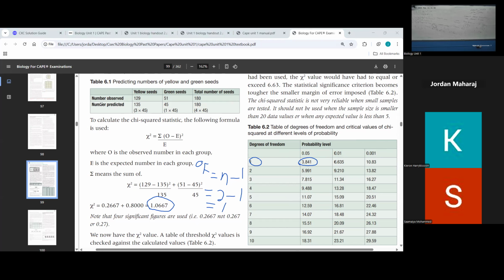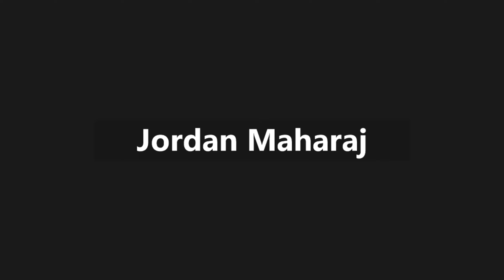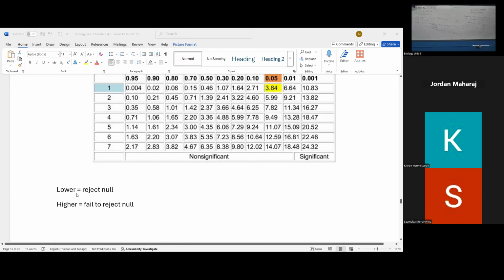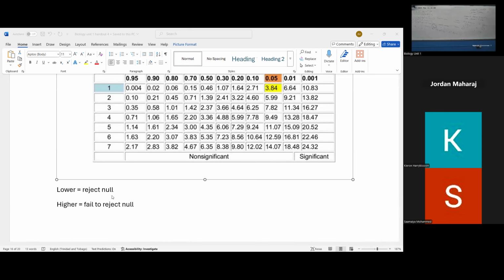So when the chi-square value is less, we reject the null hypothesis. Right? So whatever our null hypothesis was, we rejected it. Because when we calculate the probability, it was lower.